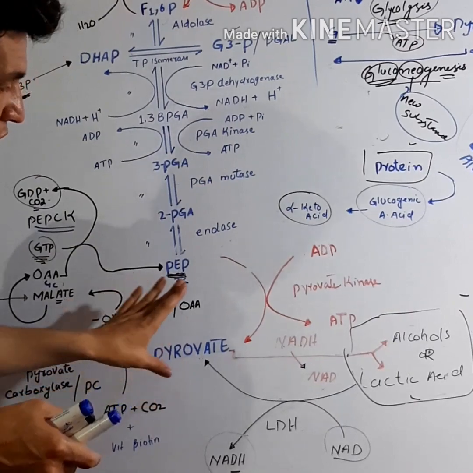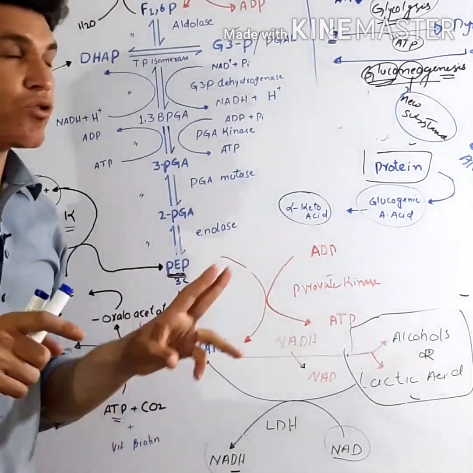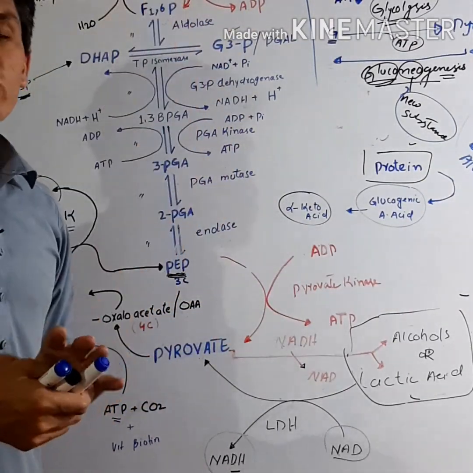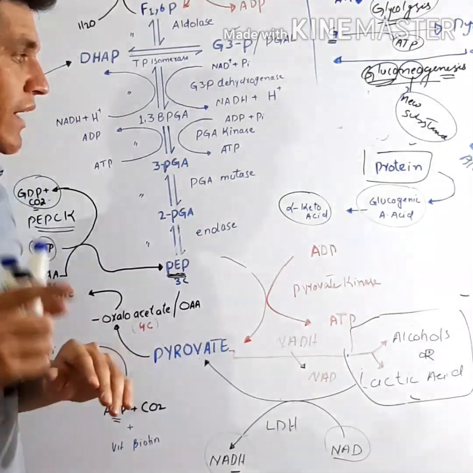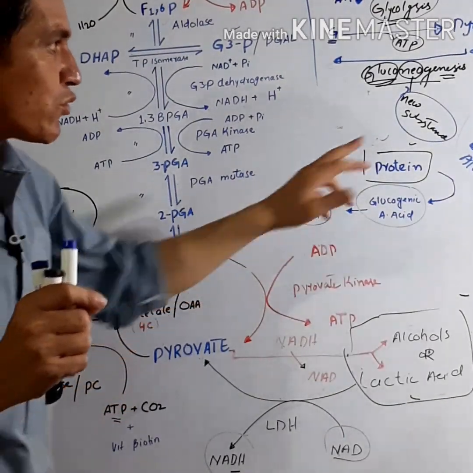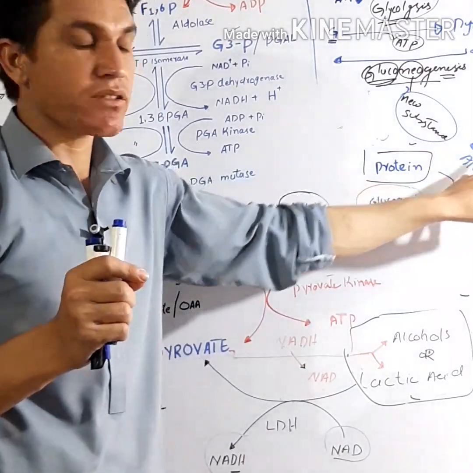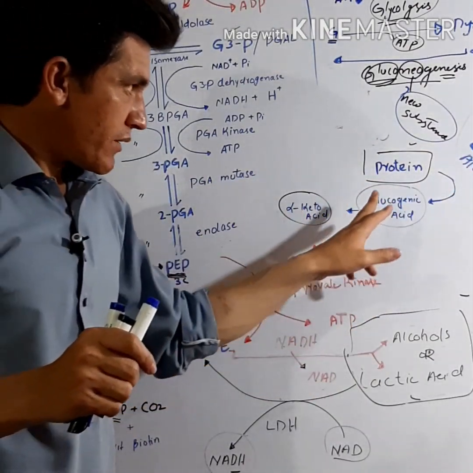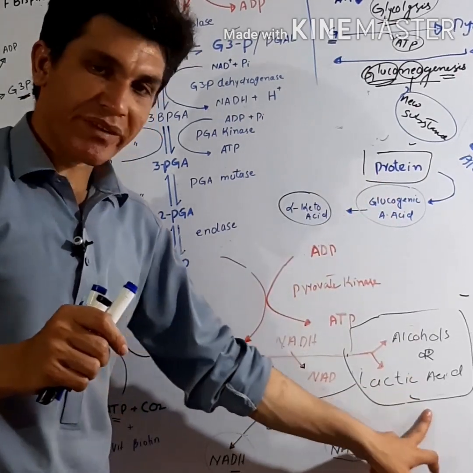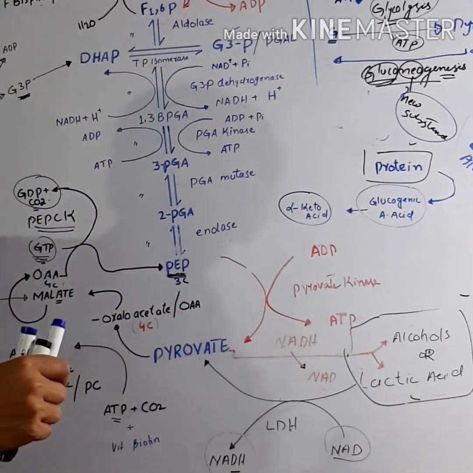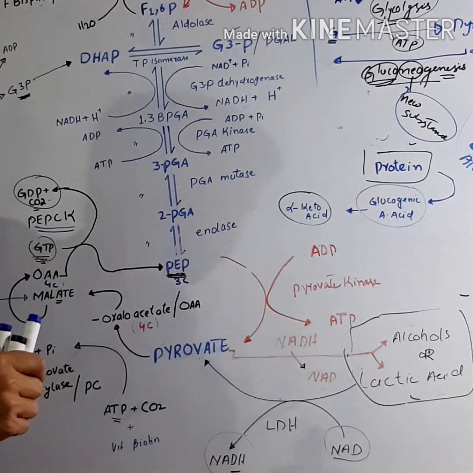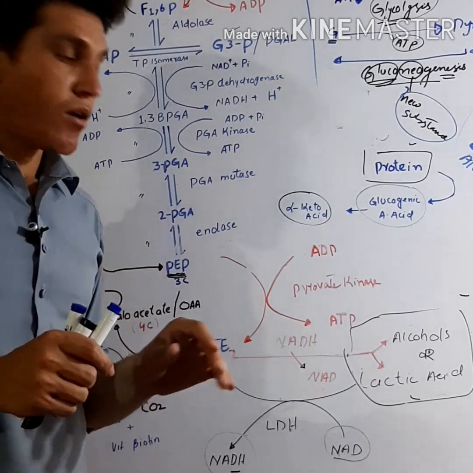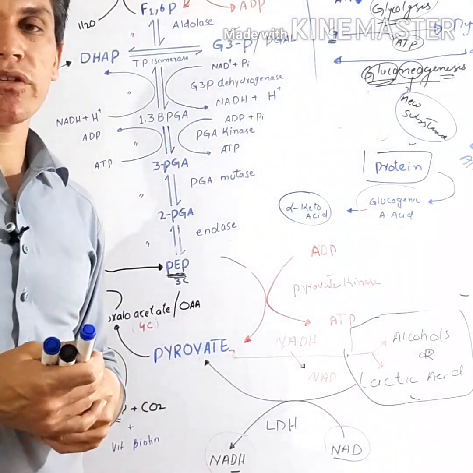In gluconeogenesis, glucose synthesis occurs. Glucose is synthesized from new substances which are not carbohydrates, which are not glucose. These substances may be protein, lactic acid, lipids, alcohol, or other intermediates of the Krebs cycle.